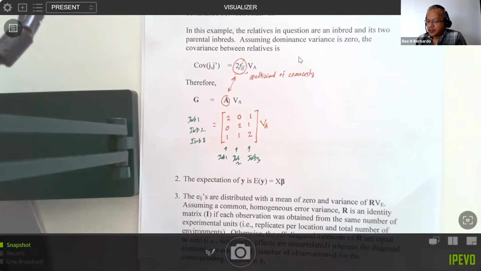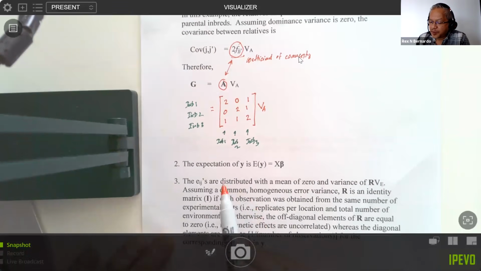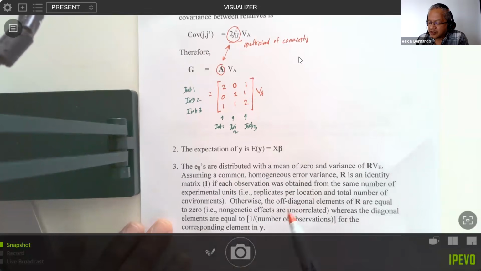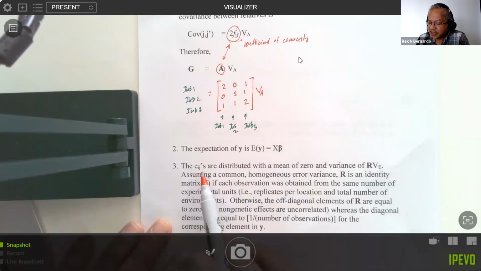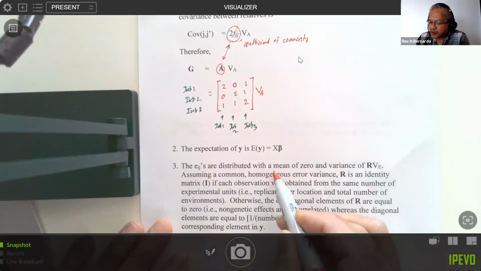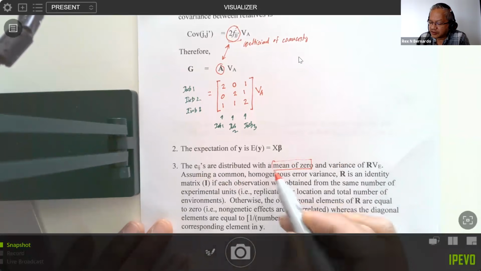The expected value, the expectation of your Y vector, is equal to the incidence matrix times XB. Distribution-wise, we're assuming that the residuals are distributed with a mean of 0. Again, with random effects, that's a typical assumption.